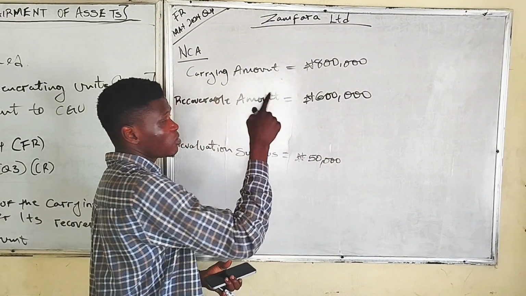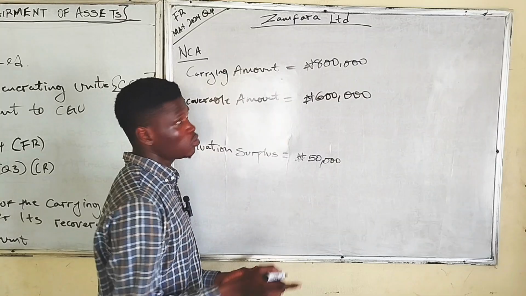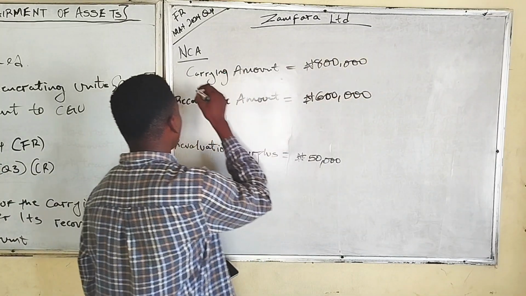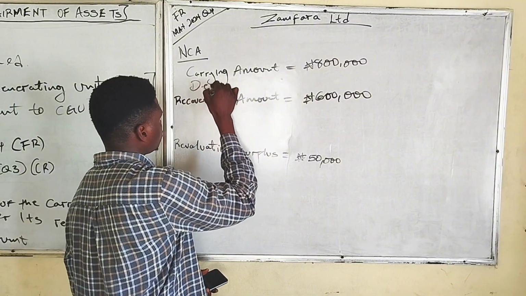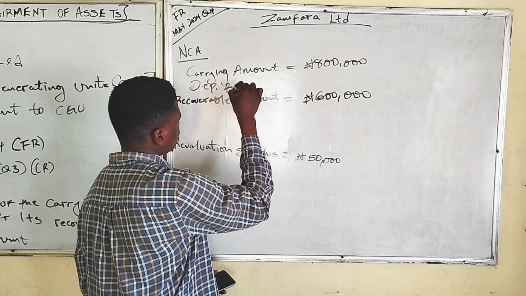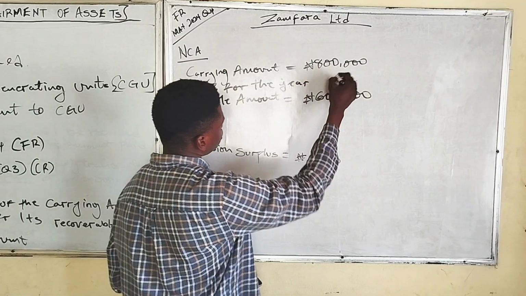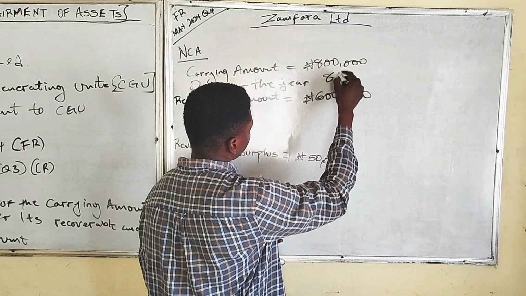Just like we said, the carrying amount is cost less accumulated depreciation, or the current value, which is carrying amount less the depreciation. So we have the depreciation for the year now, which is 80,000.